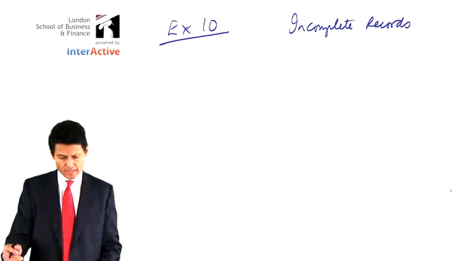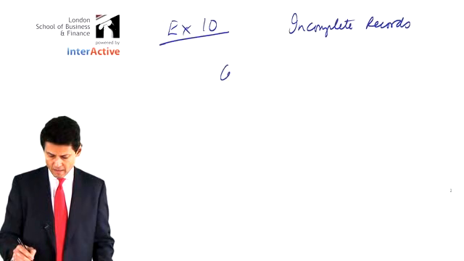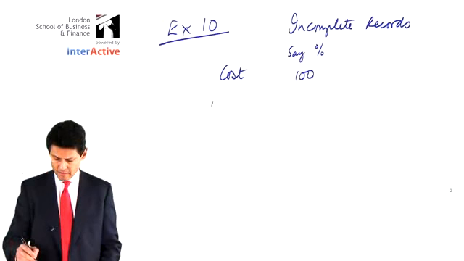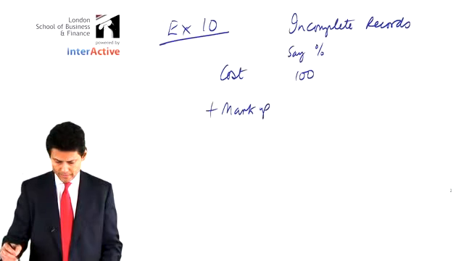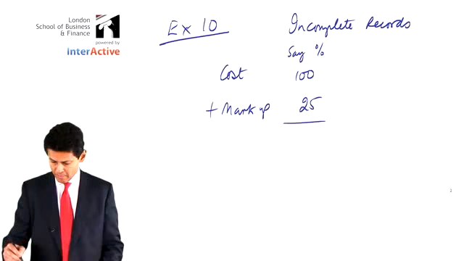So it says the cost of sales is 600, the markup is 25%. What is gross profit and sales? So one of the ways of doing it is to say cost is, in percentage terms, 100 plus the markup, which is 25, and so I suppose the selling price is 125.